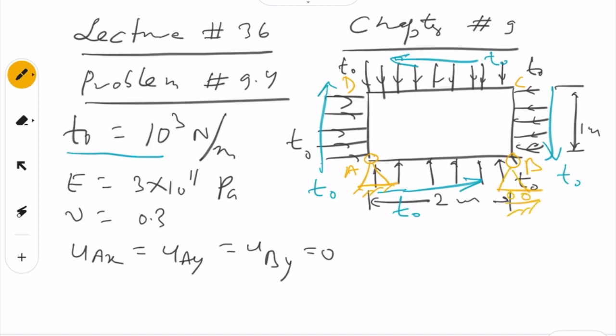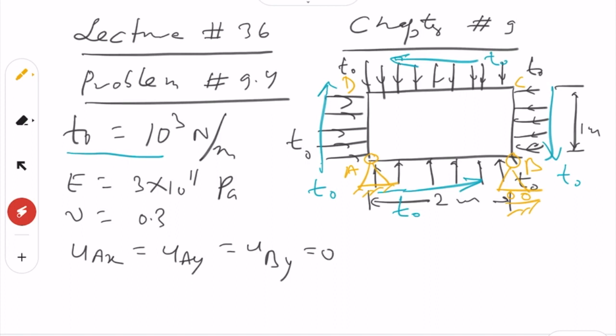That means point B can move in the horizontal direction, but it cannot go up. Point B can move in this direction, this cannot move, and these 2 points are capable of moving in any direction. Now, what do we have to find out? We have to solve the problem basically.